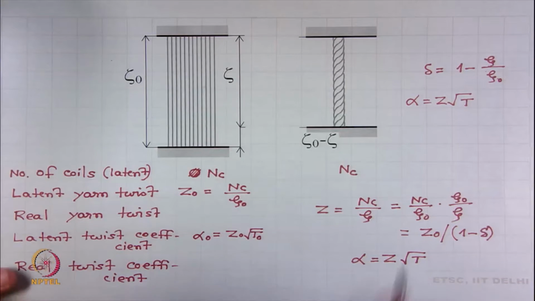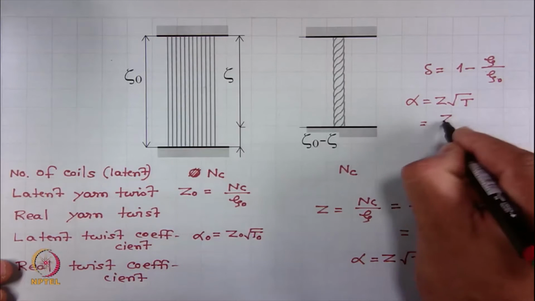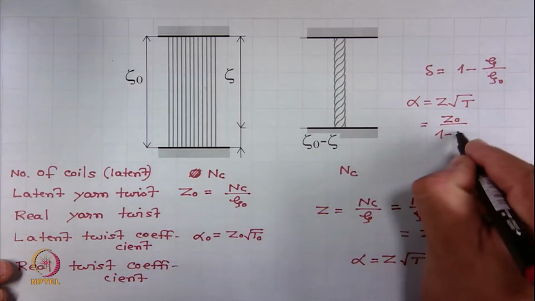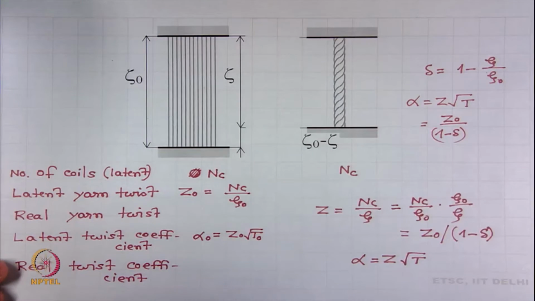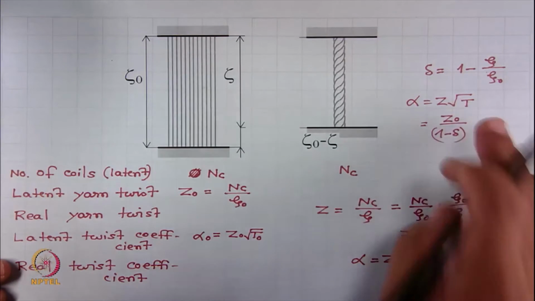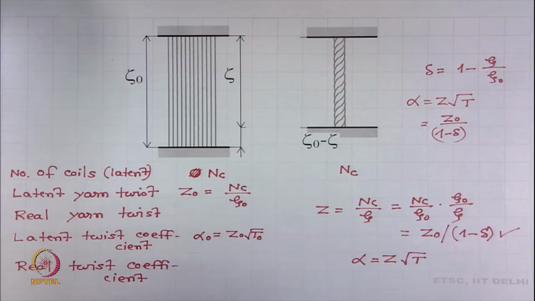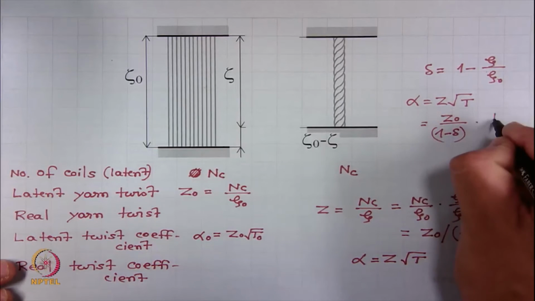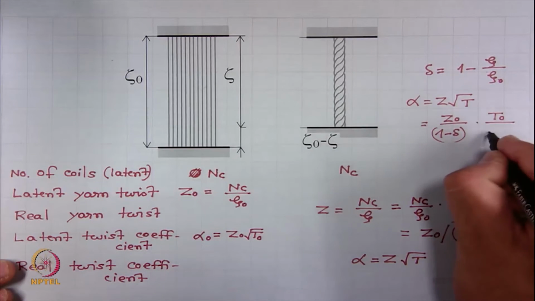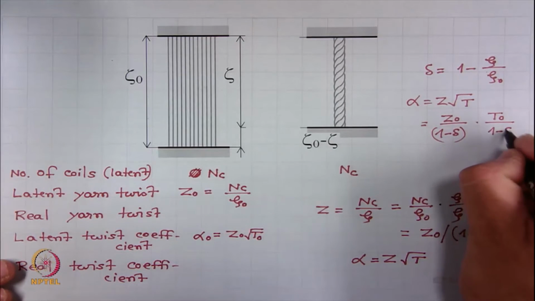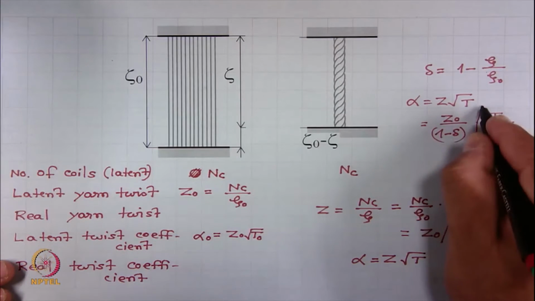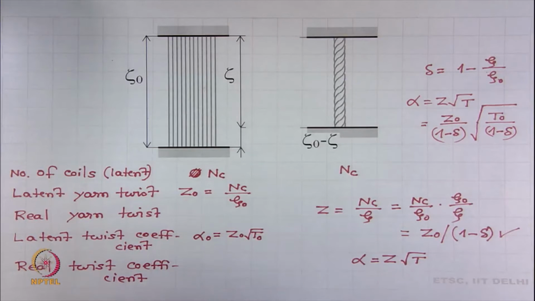What is Z? Z is Z naught (1 minus delta) here, and what is your T? T was expressed earlier. You remember, T was T naught by 1 minus delta, but this is square root.